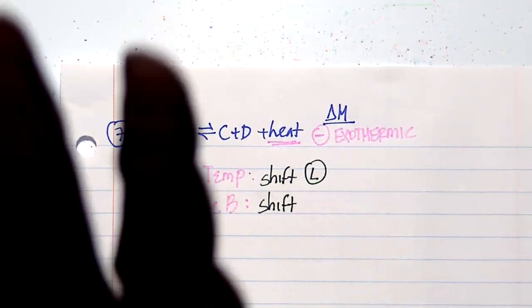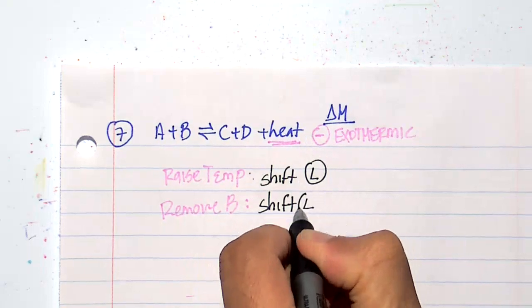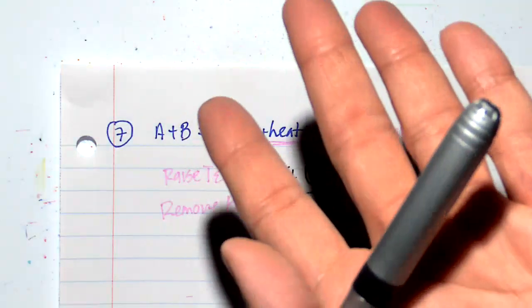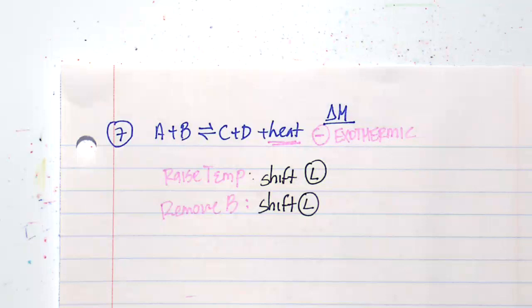You remove B, so what will the equilibrium do? It'll try to get back to its original composition, so it shifts left. It's going to make more B. So this, in essence, is Le Chatelier's principle. Be careful if you have gases, because you could raise the pressure or decrease the volume. Then it's a little bit more tricky with gases.